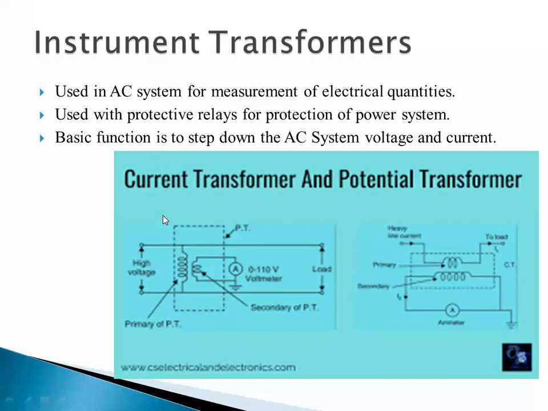Now if this is a potential transformer, then the primary should have more windings, as the value of primary voltage is very high, right? And the secondary windings are very low, means the number of turns are less, as the secondary voltage is less, because we know the transformation ratio, right?